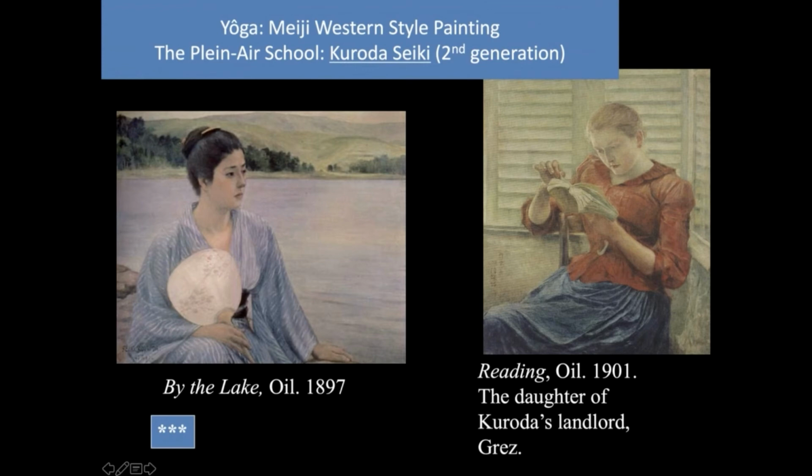So you should remember this painting, and you should be able to explain why this painting was considered such a great example of good oil painting in Asian countries. It's not just Japan, like Taiwan, Korea, even China. A lot of young generations of oil painters thought this is a great example that they should emulate.